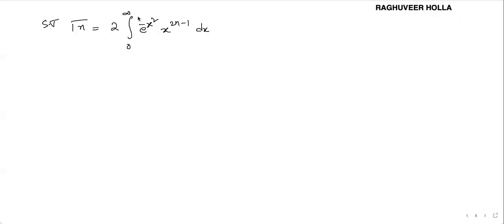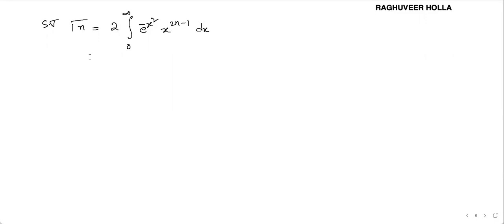So let us show that gamma n is equal to 2 times the integral 0 to infinity e to the power of minus x square, x to the power of 2n minus 1, dx.